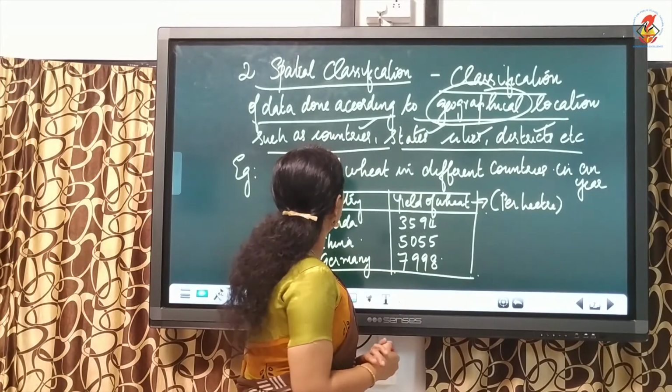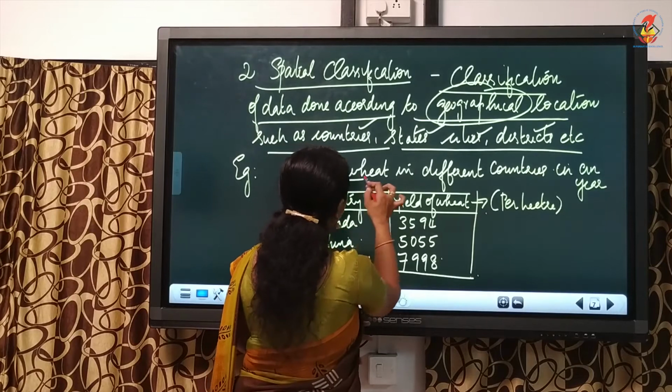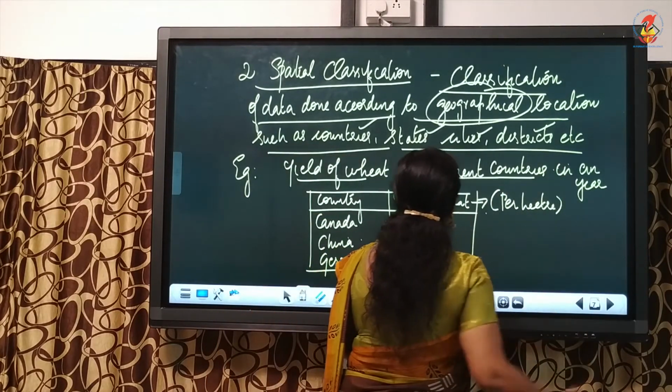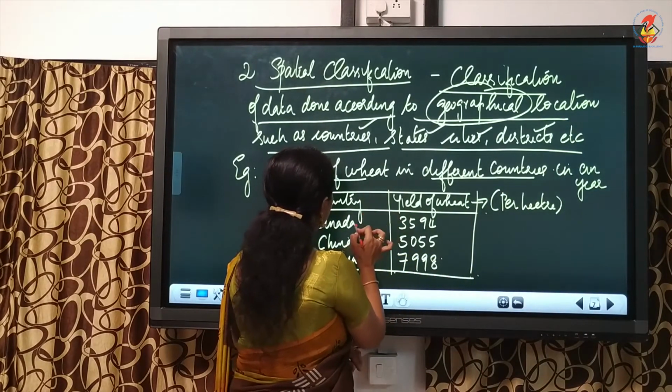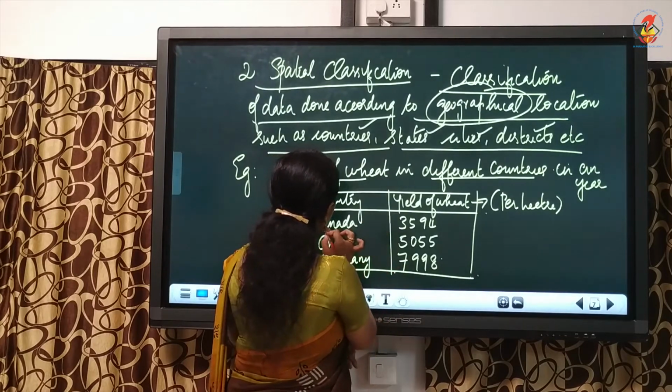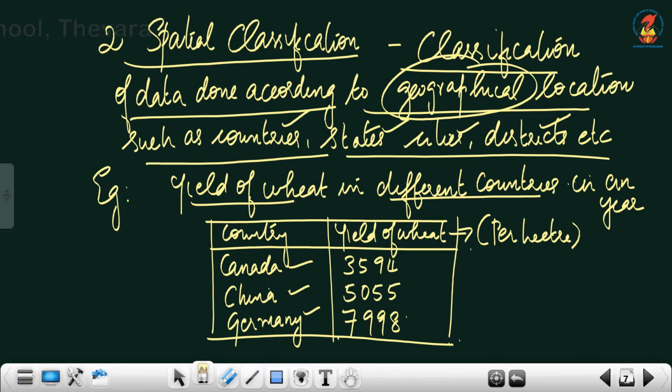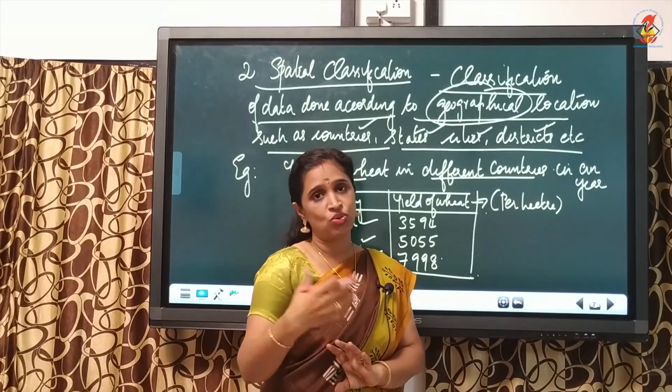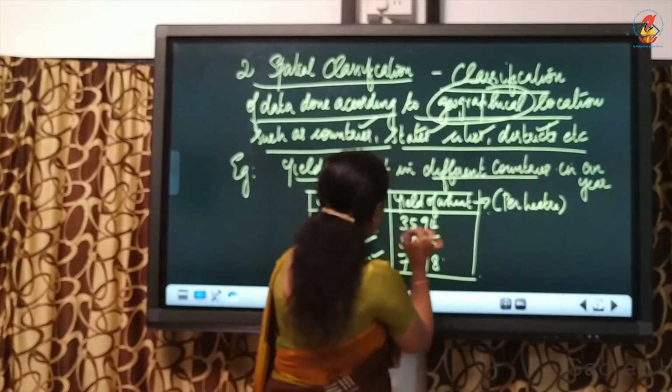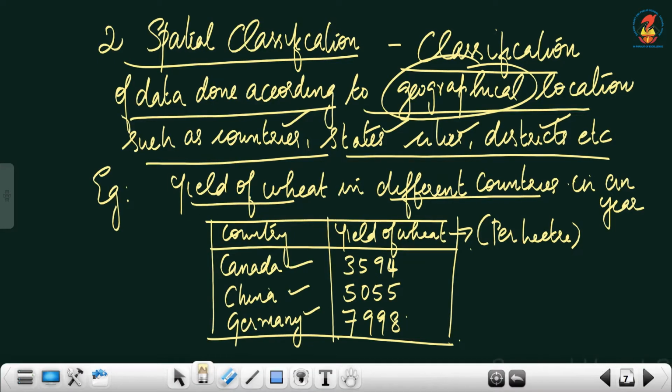So I have given an example here. Example is yield of wheat in different countries in a year. Okay, so countries given here are Canada, China and Germany, and you can find the yield of wheat per hectare. It can be either in quintals or whatever it may be. In Canada it is 3594, and in China the figure is 5055, and in Germany the figure is 7998.